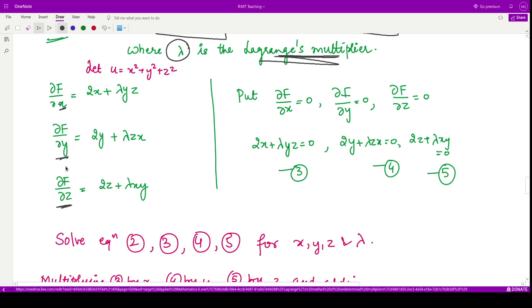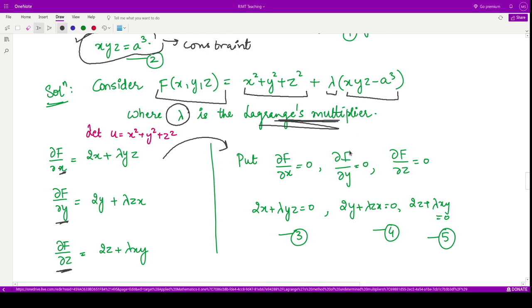When you compute it with respect to y, you keep x, z and lambda as constants, and when you compute it with respect to z, you keep x, y and lambda as constants. Then you equate all these values to 0. So from here you get 3 equations.